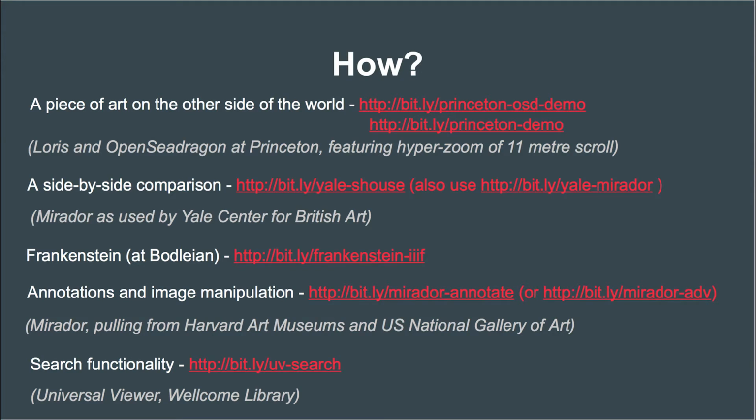Just as a bit of an example of a use case for having alternative versions of something within Mirador. So here we've got the Bentley Frankenstein IIIF, and this is from the Bodleian's extensive collection of Mary Shelley's manuscripts for Frankenstein.